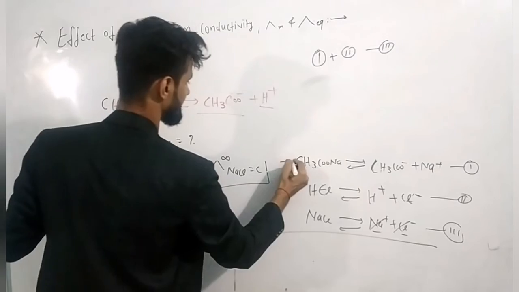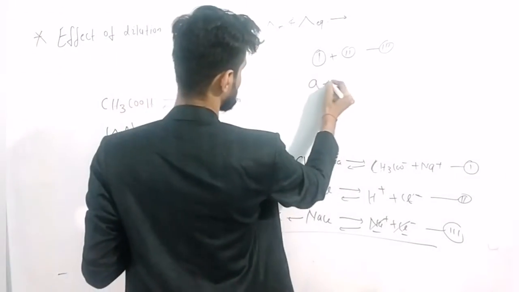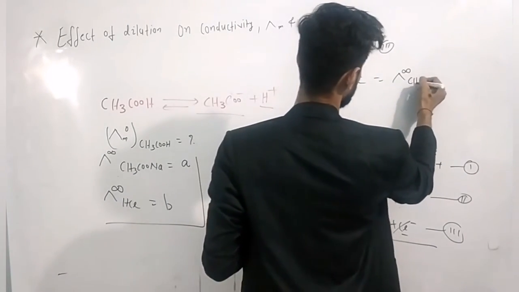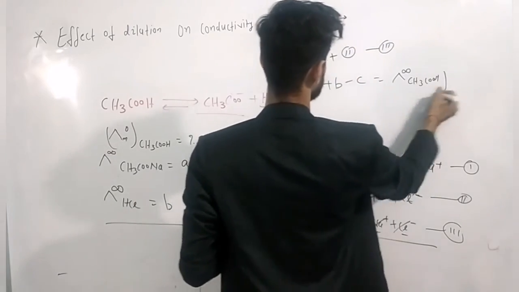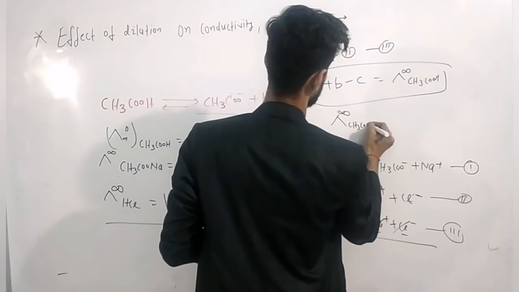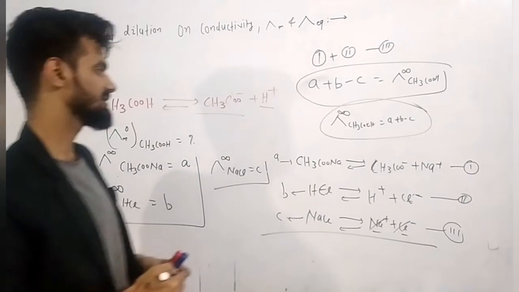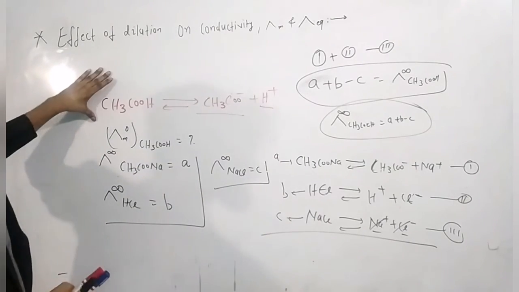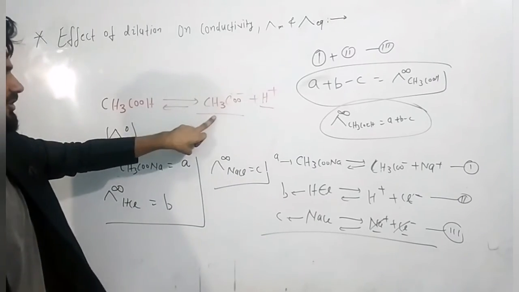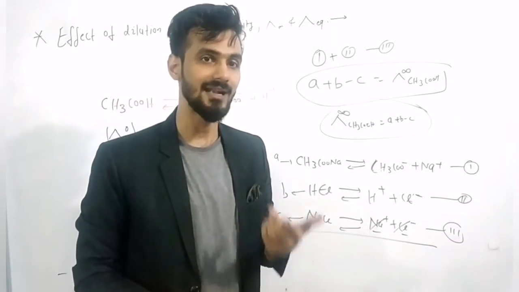The value here is A, here the value is B, and here the value is C. So you will get A plus B minus C is equal to kappa infinite of CH3COOH. Kohlrausch's law says that the equivalent conductance and molar conductance at infinite dilution for a weak electrolyte is equal to the sum of the equivalent conductance and molar conductance of their individual ions. That is the main thing.